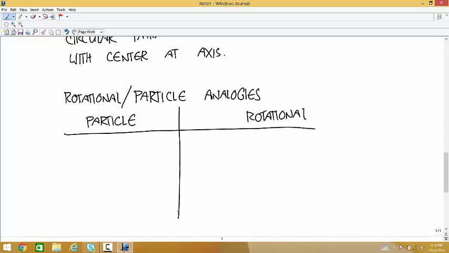And when we first started talking about particle kinematics, we started with position. The rotational version of the position vector will be denoted theta, and it's going to be called the angular position. And just like this one tells you an object's location at an instant, this one tells you the object's orientation at an instant.